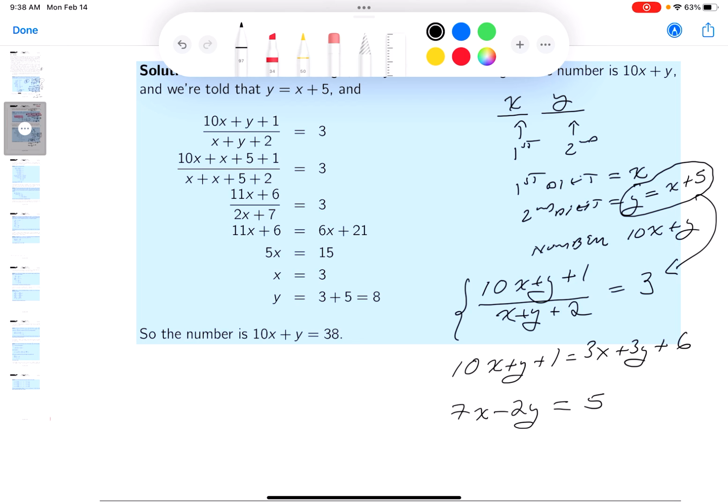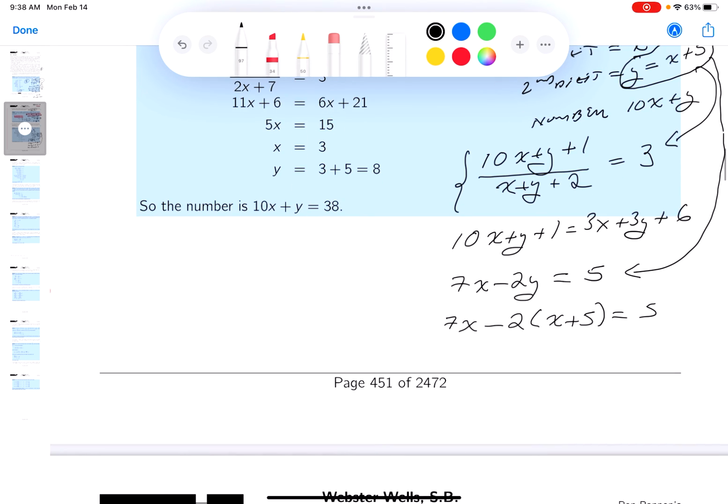Then I take Y and plug it in: 7X minus 2 times X plus 5, that's what we believe Y is. I want to solve that equation. You get 7X minus 2X minus 10 equals 5. You're going to get 5X equals 15.